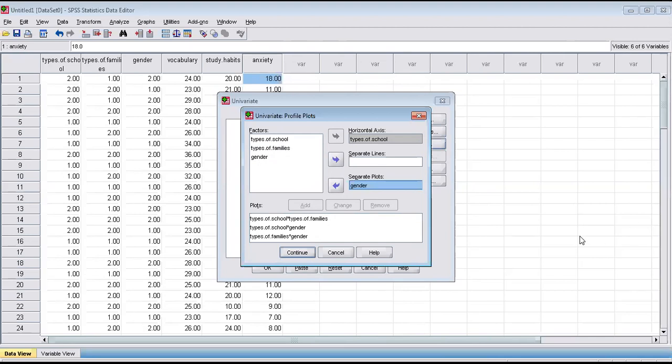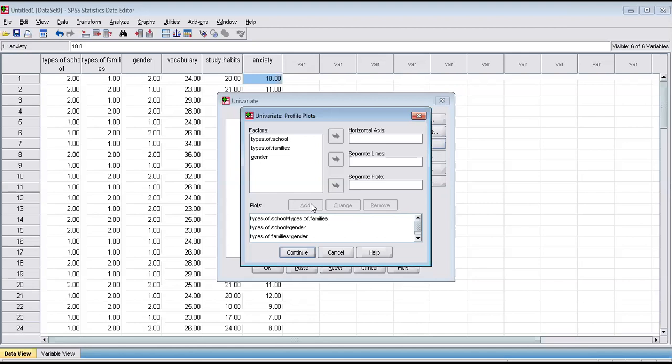One is types of school, other is types of family and gender. Then please do not forget to add it. If you do not add, then SPSS will not calculate and will not show you this.